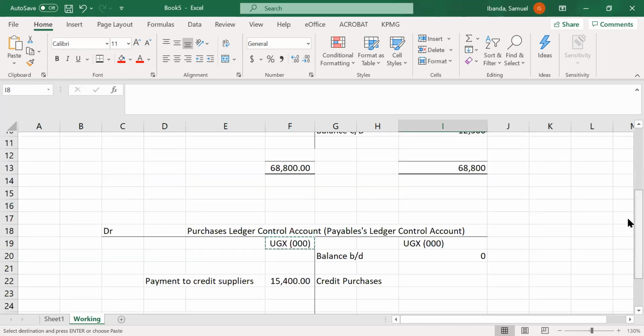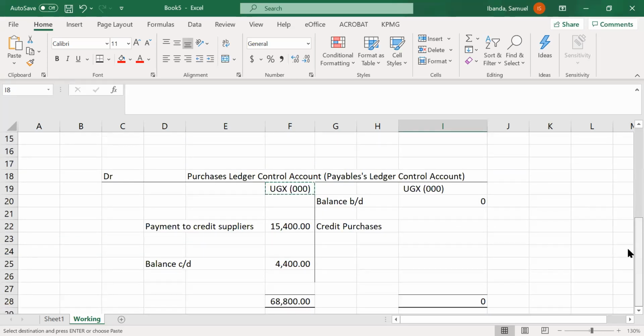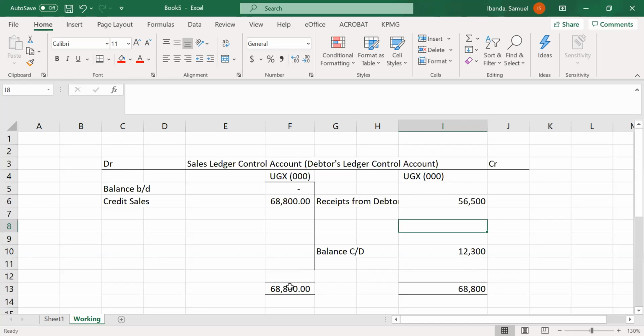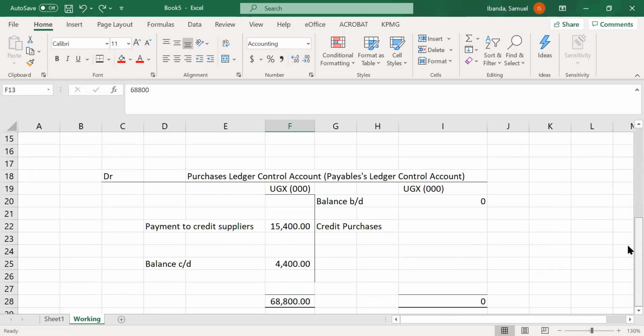So you can see that we have now this. We are now going to balance off this account. This is not yet right. So I'm going to balance off this account.